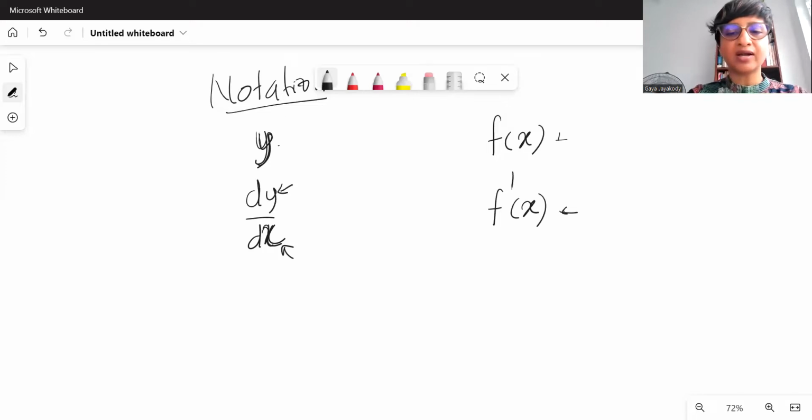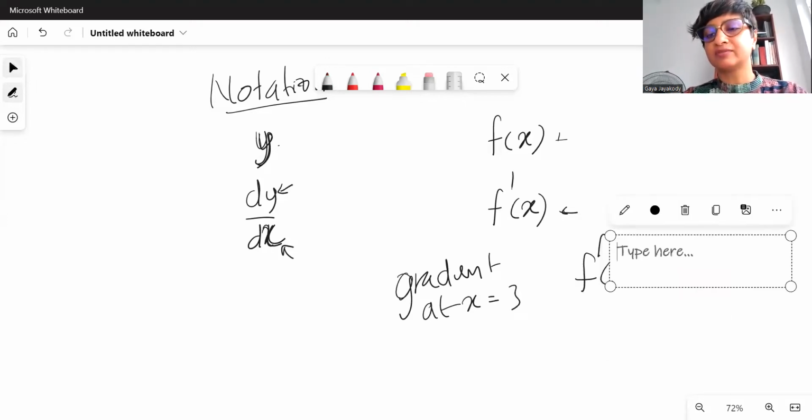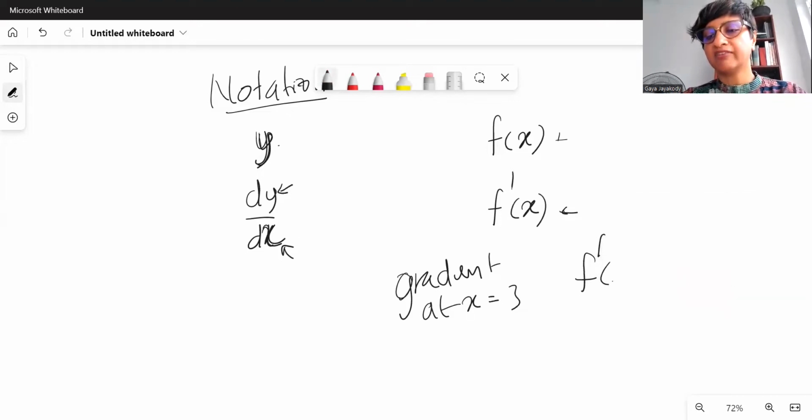Then, if I want to find the derivative, if I want to find the gradient of my function at x equals 3, that means I want to find f prime of 3.